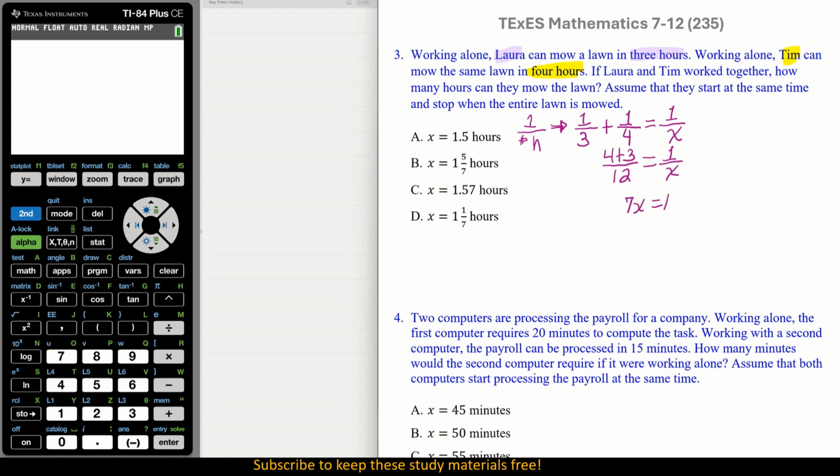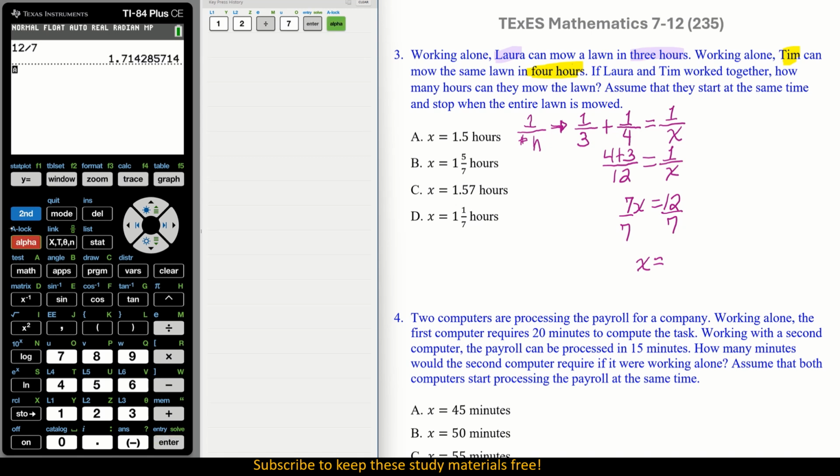That will give us 7x equals 12. Divide both sides by 7. Then what will that equal? Well, let's put that in the calculator and see. Okay, well, I see 1 and 5 over 7. Right, maybe I'm right, maybe I'm not. Let's say we don't know. That's 12 over 7, enter.